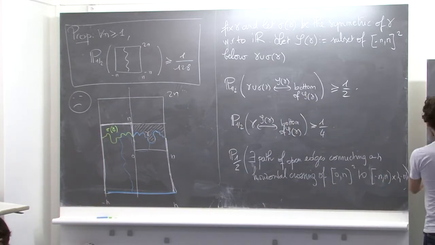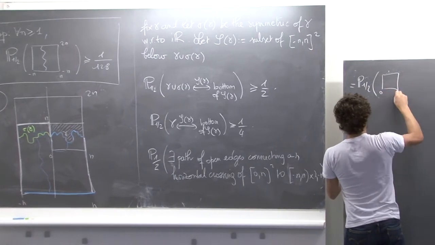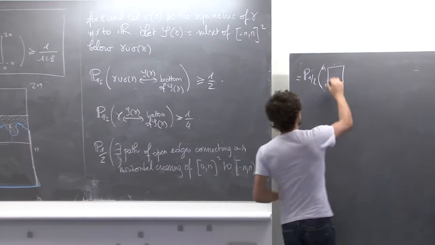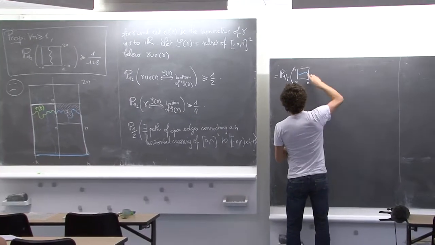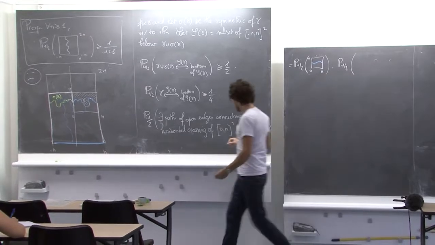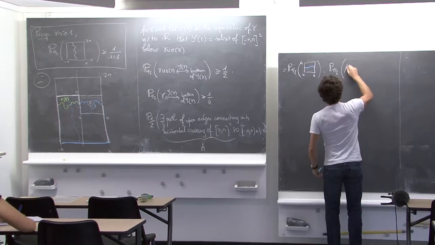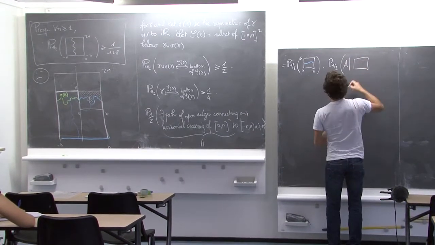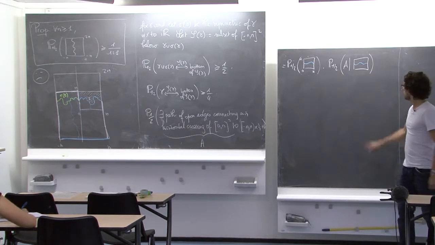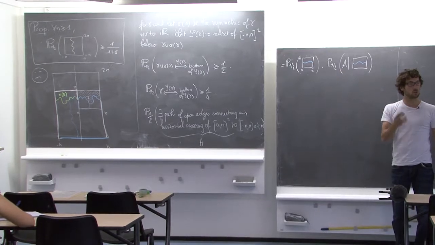So this I can do the following. I can say, okay, the probability of having a crossing in [0,n]² times the probability of my event, let's call it A, this whole event, let's call it A, knowing that I have a crossing. This is just basic probability. And so now what I'm going to do is decompose with respect to the highest such crossing.